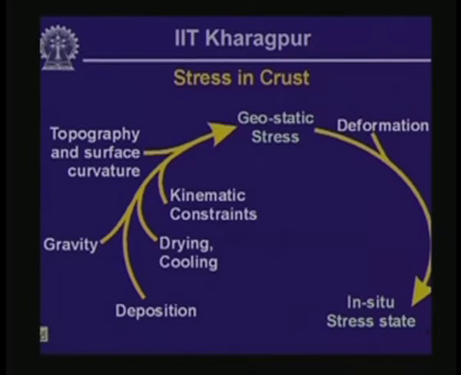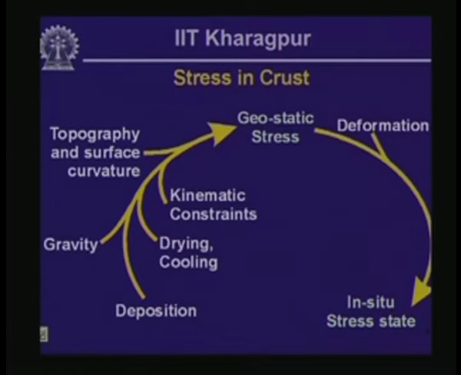And kinematic constraints: whether, during the depositional process, we are allowing any grain movement in a certain direction, or we are restraining the grains that are being deposited from moving in a certain direction. That particular aspect also affects the development of the state of stress.